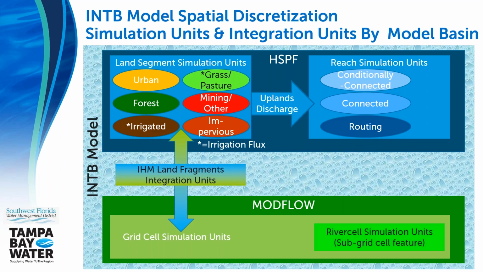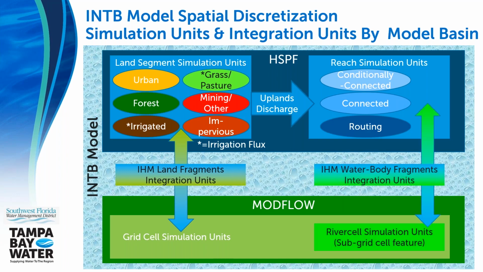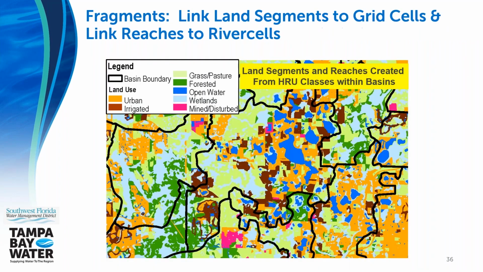They provide the opportunity for the models to talk to each other. In the same way, there are IHM water body fragments, called integration units, allowing the reaches to transfer information to the river cells and vice versa throughout the simulation. This is the dynamic interaction that the IHM simulation code allows the INTB calibrated model to do.